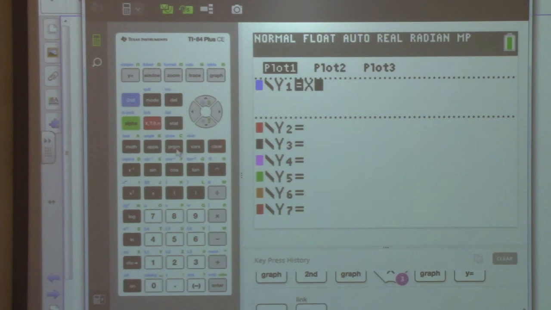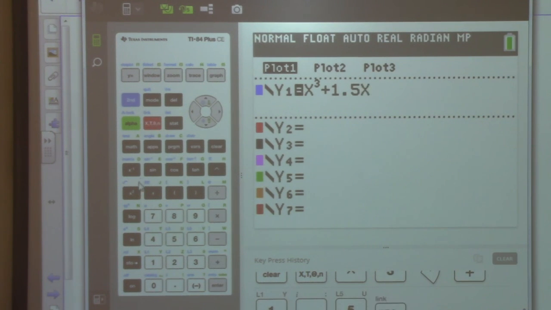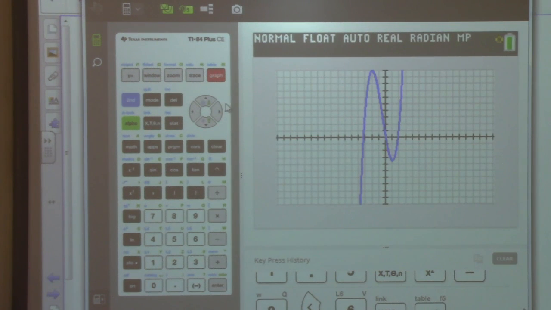You graph the function, and it looks like this. And so you see the function decreasing from here to here. So you can do different things. You can trace, use minimum.